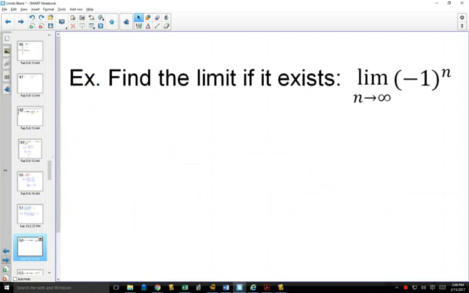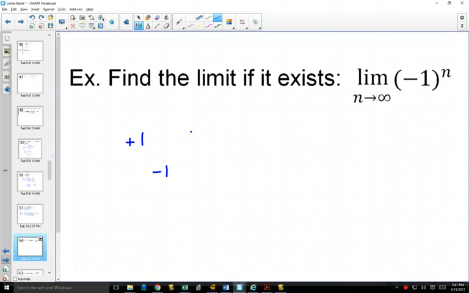Oh, I'll get back to the examples that we have. Find the limit if it exists. What happens to negative 1 to the n? Can you see that when n is an even power, you're going to get positive 1. But when n is an odd number, you're going to get negative 1.